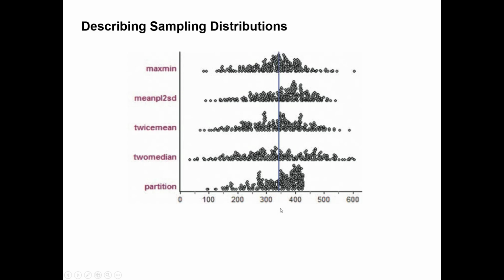So knowing the true mean, let's think about which of these are probably the best to use in terms of figuring out how many tanks the Germans are producing every month. The first thing we can eliminate is the one at the bottom, partition.